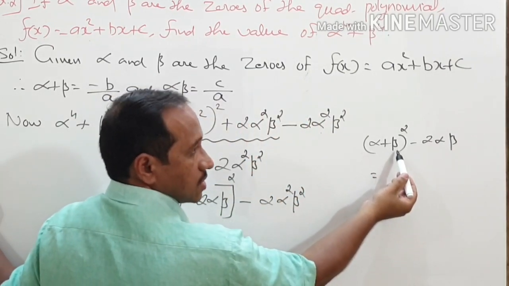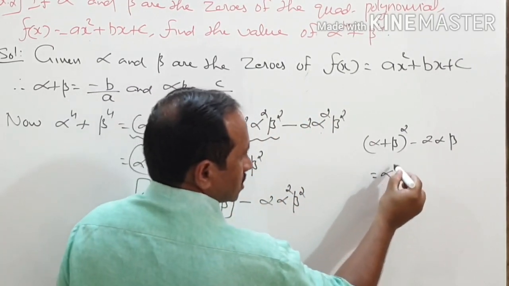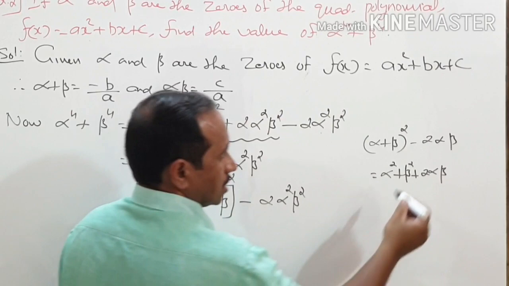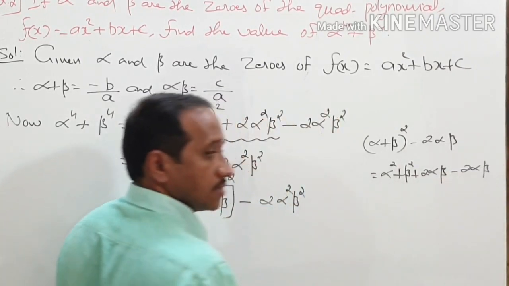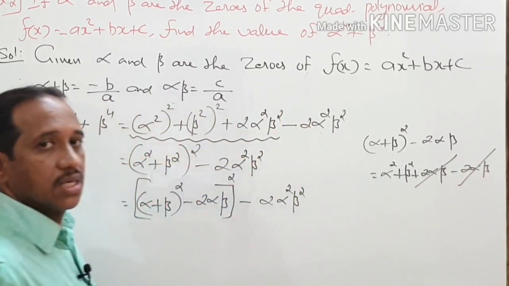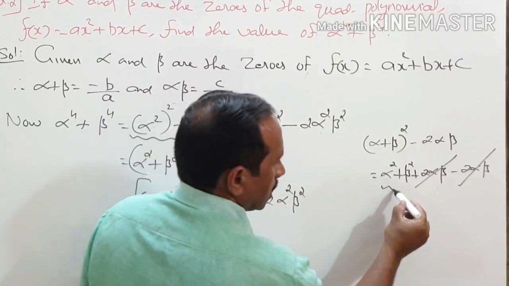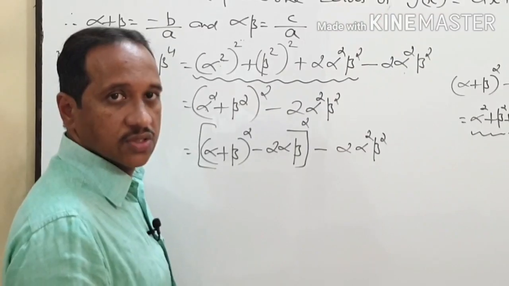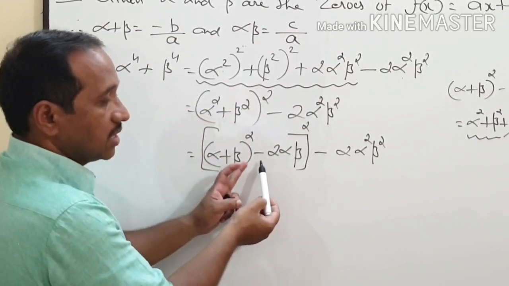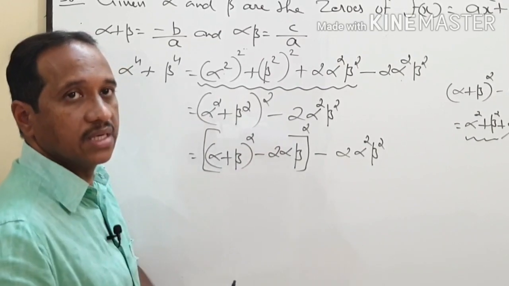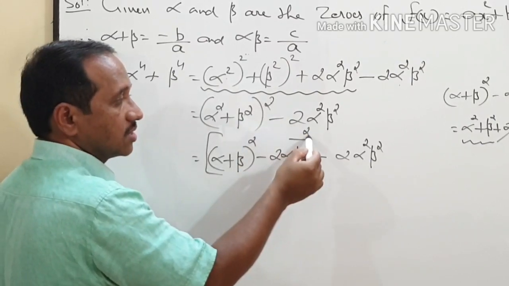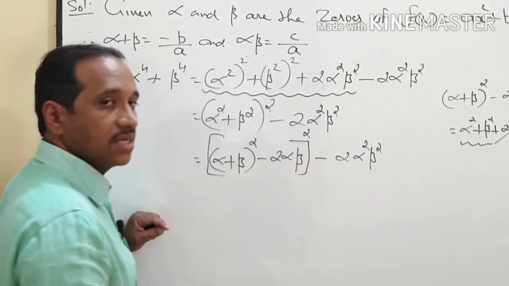If you expand this by using a plus b the whole square, we get alpha square plus beta square plus 2 alpha beta, then minus 2 alpha beta. Now you can see plus 2 alpha beta and minus 2 alpha beta will cancel. Then what is left? Alpha square plus beta square. So we can write alpha square plus beta square is equal to alpha plus beta the whole square minus 2 alpha beta, the whole square, this is the power 2 written here, and minus 2 alpha square beta square.